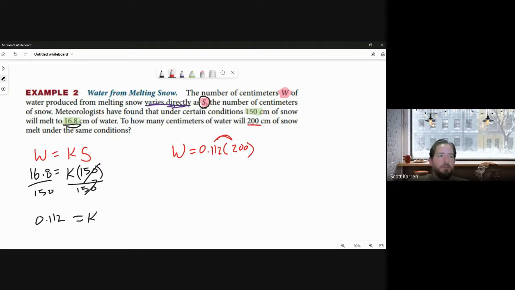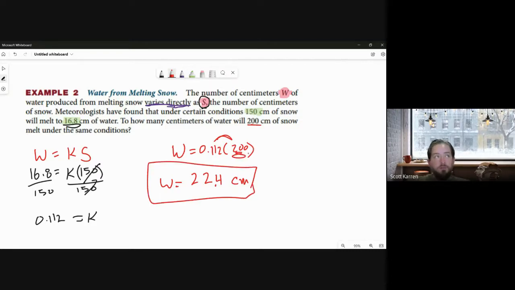And that is not 0 point, but 224.4. And so that's how much water we can expect 200 centimeters of snow to melt down to.